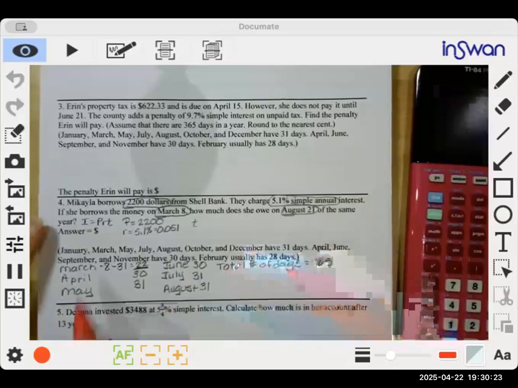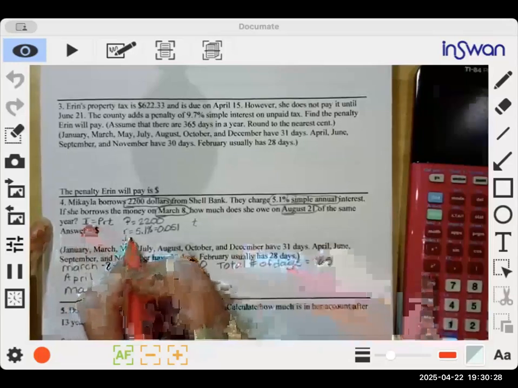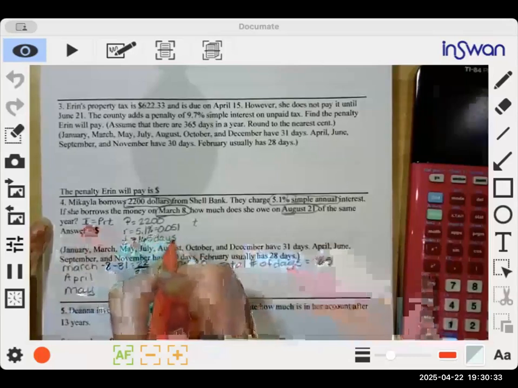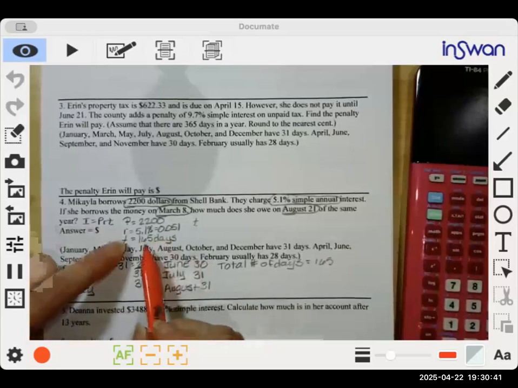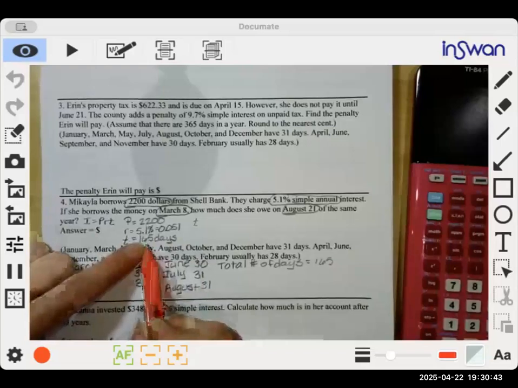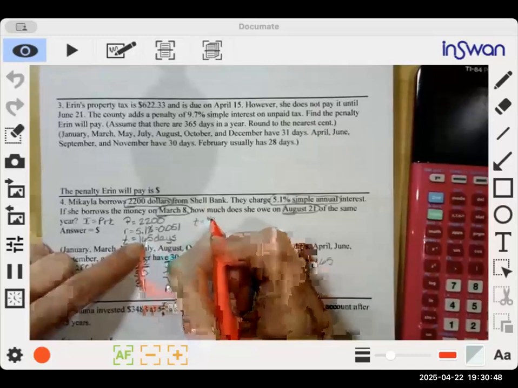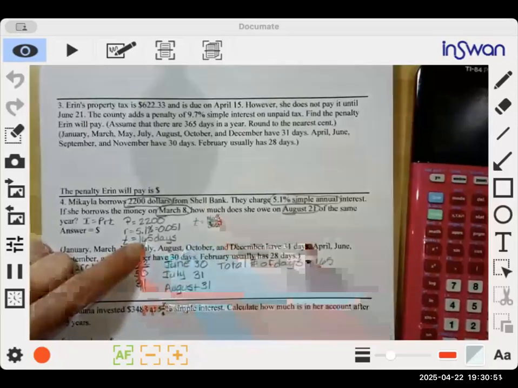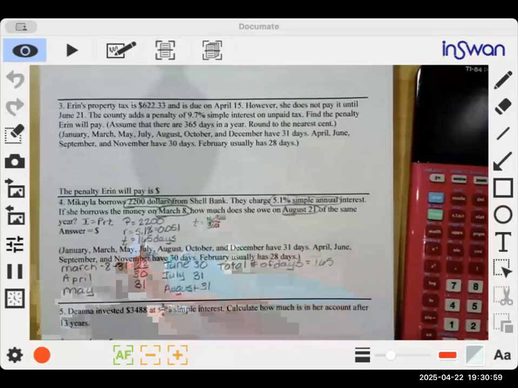Okay, so we're using I equals PRT, and we know that our time is 165 days. However, when we use time, time always has to be in terms of years. So it's 165 days out of 365 days in a year. So that's a number you will need to know, that there are 365 days in a year.